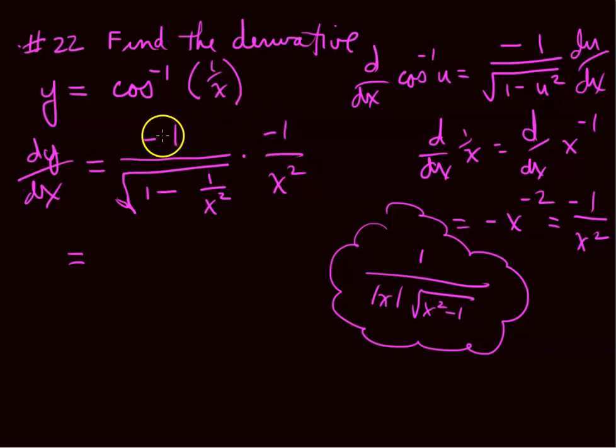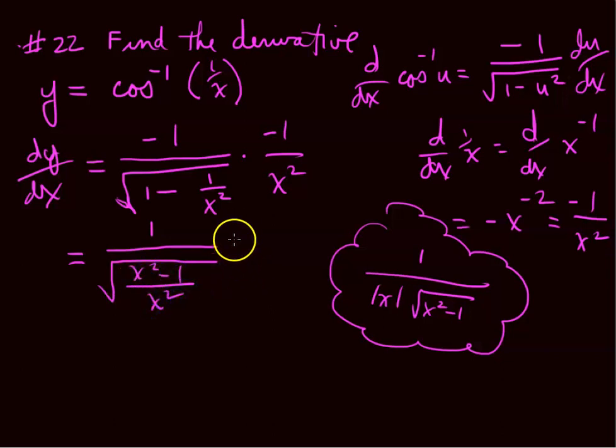First of all, this negative 1 and negative 1 give you the positive 1, so you've taken care of that. This square root, I'm going to write 1 as x squared over x squared minus 1 over x squared, so you get x squared minus 1 over that common denominator x squared, times x squared out here.